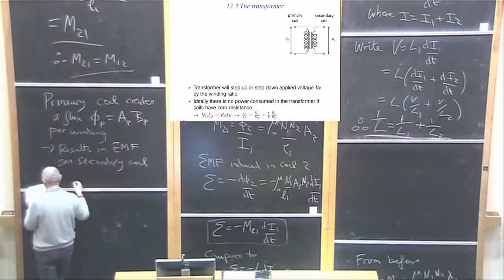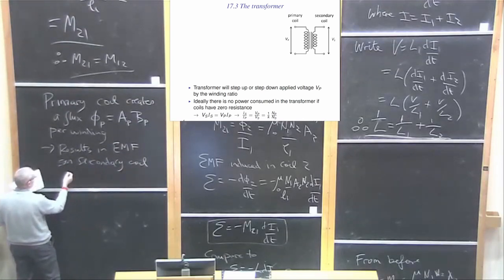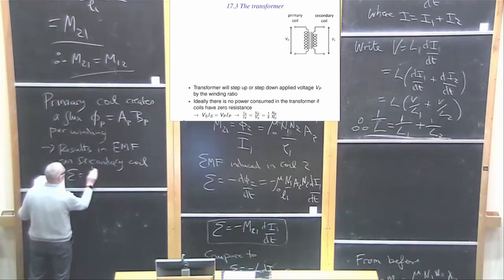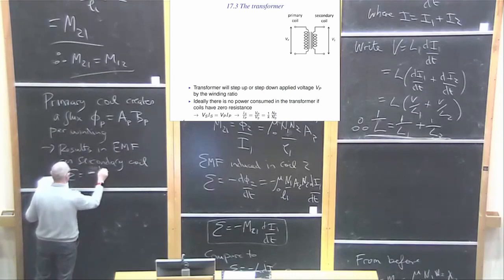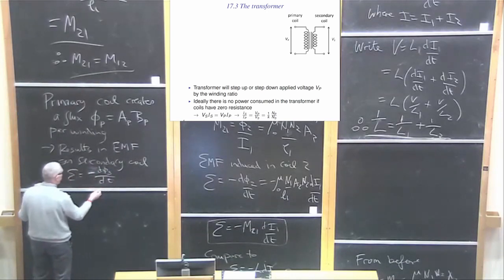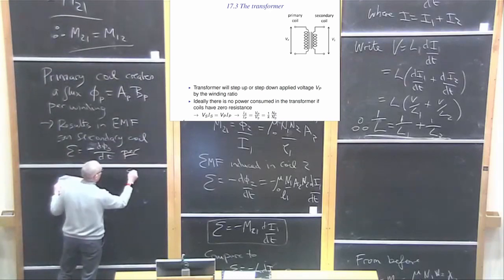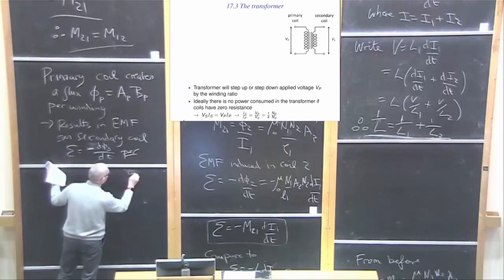And the EMF is equal to minus d phi s for secondary by dt. And this again is per coil, per winding.